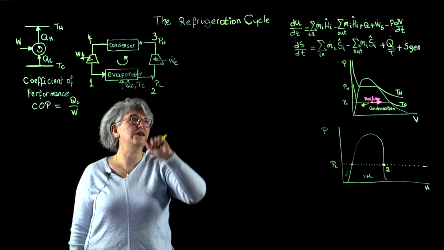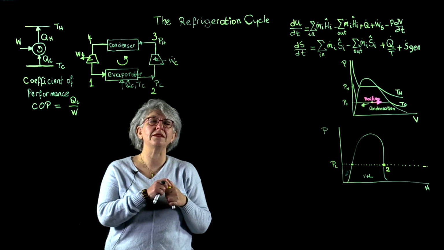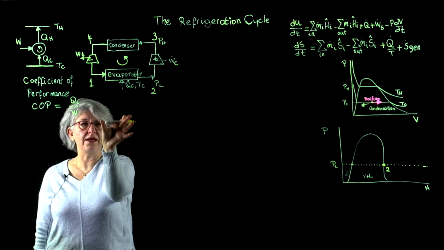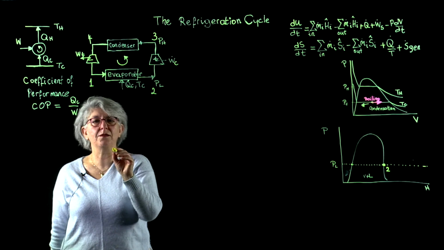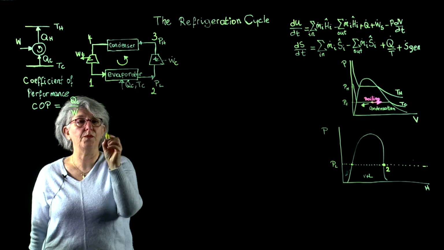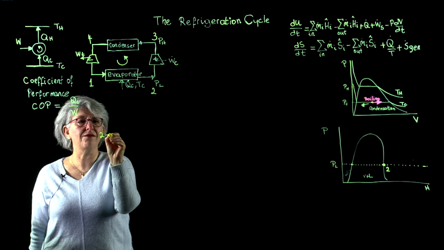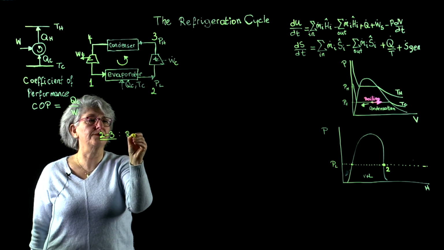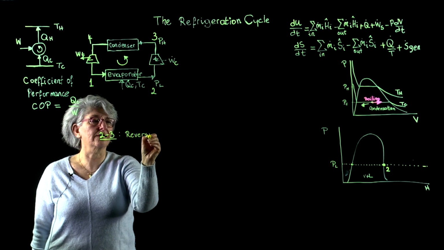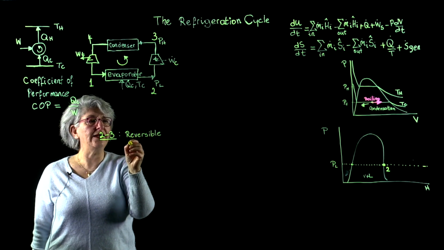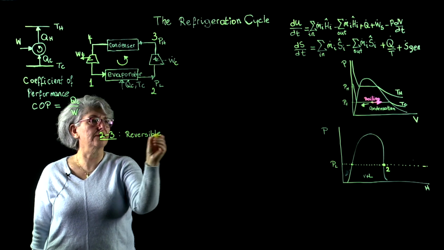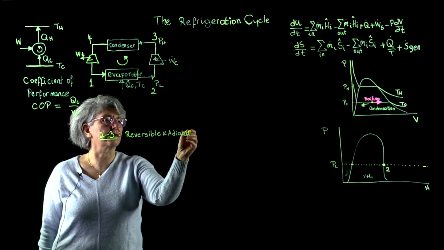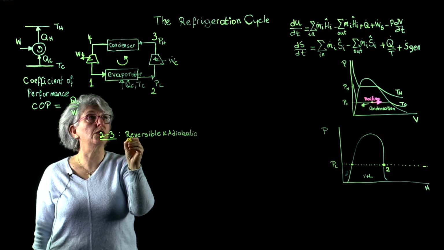So let me start by writing my balance equations between points 2 and 3 here, and then I will come back for the points 1 and 2. Now between points 2 and 3, I have a reversible and adiabatic compressor.